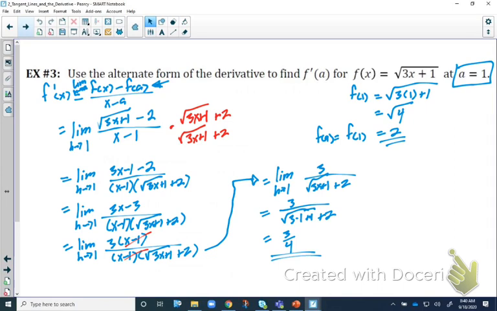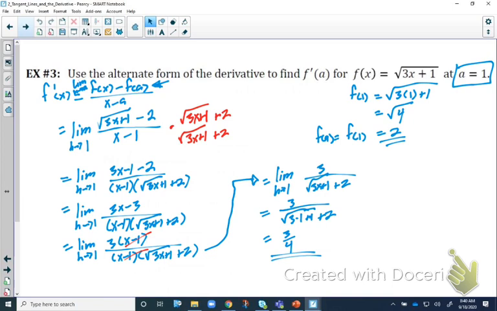That's not the expression like what we've seen by doing the limit definition of the derivative. The alternate form here, because we're already evaluating it by taking that a value, in this case of 1, and plugging it into the function, this one will give us directly our limit or our slope at that point.